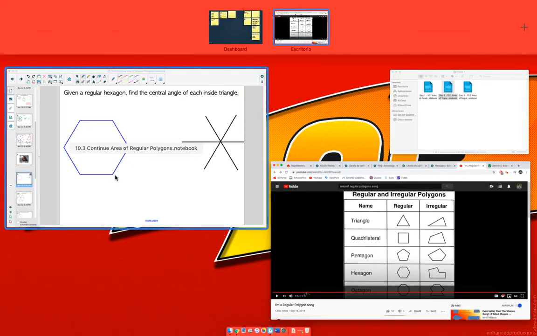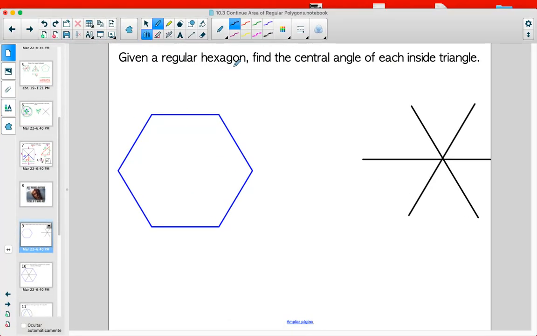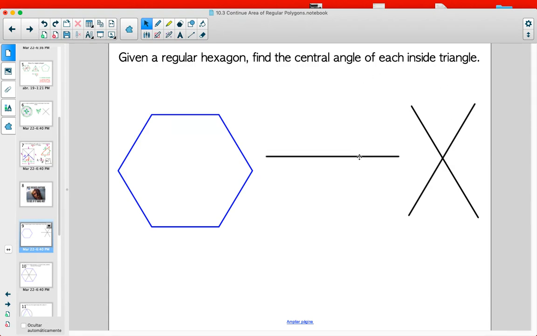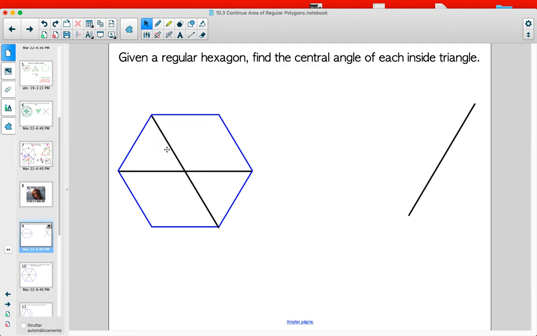Okay, so given the regular hexagon, find the central angle of each inside triangle. You don't see any triangles, but we know if we draw the radii, which means you just draw lines from vertex to vertex, vertices that are across from each other, that's essentially you drawing all radii.